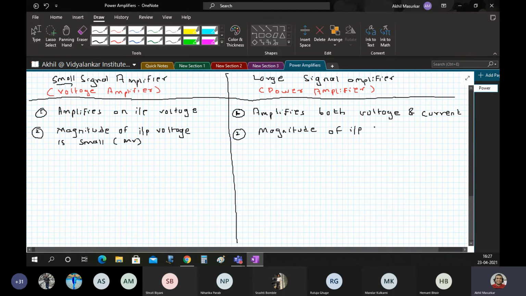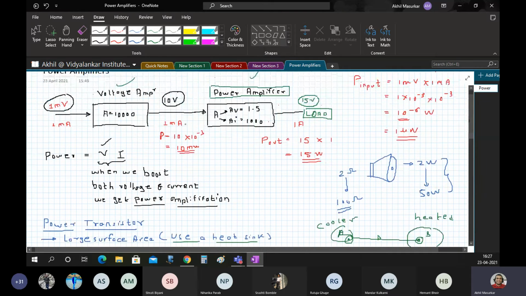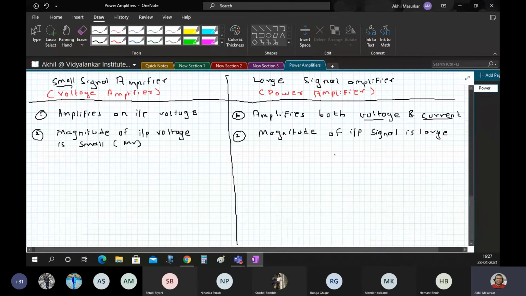Why am I using the word signal? Because here we are dealing with both voltage and current. Obviously, why would it be large? Because the input to a power amplifier is the output of a voltage amplifier. We have already boosted the signal by some amount, but now we are going to boost it more.